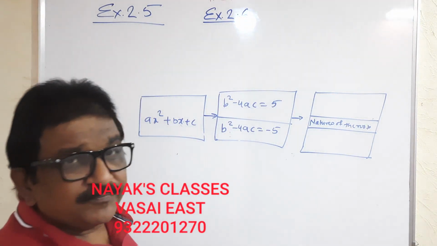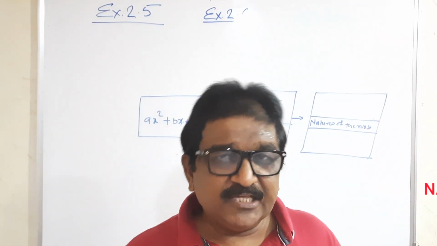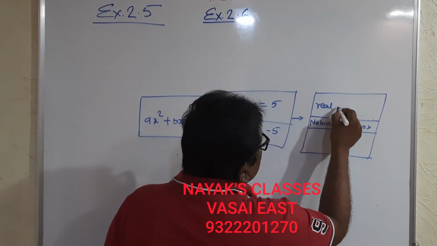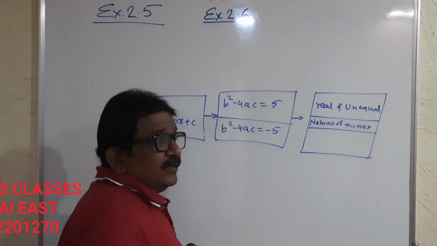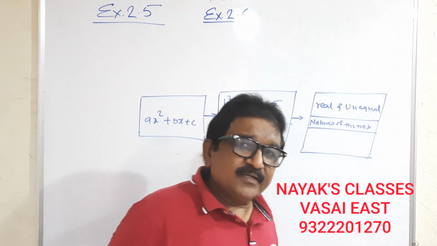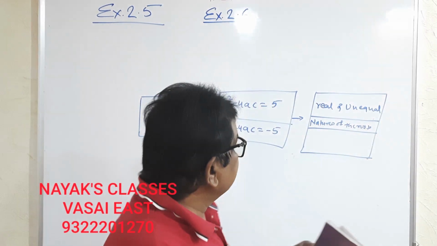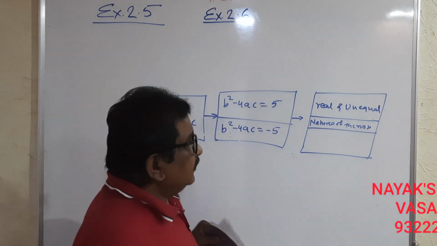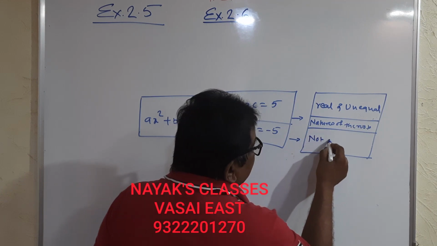When the value of b square minus 4ac, that is the discriminant, that is delta, is positive, it gives real and unequal roots. And the next one is negative, so the roots will be not real.